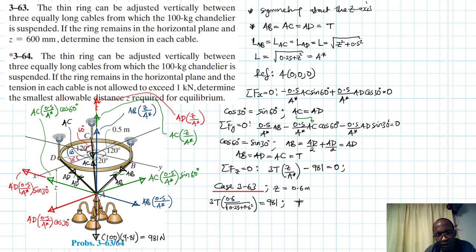So T gives us, let's calculate it. So 0.25 plus 0.6 squared, root of that, then 0.6 divided by answer, then times 3, 981 divided by answer. So we have T equal to 425.6566 newtons.